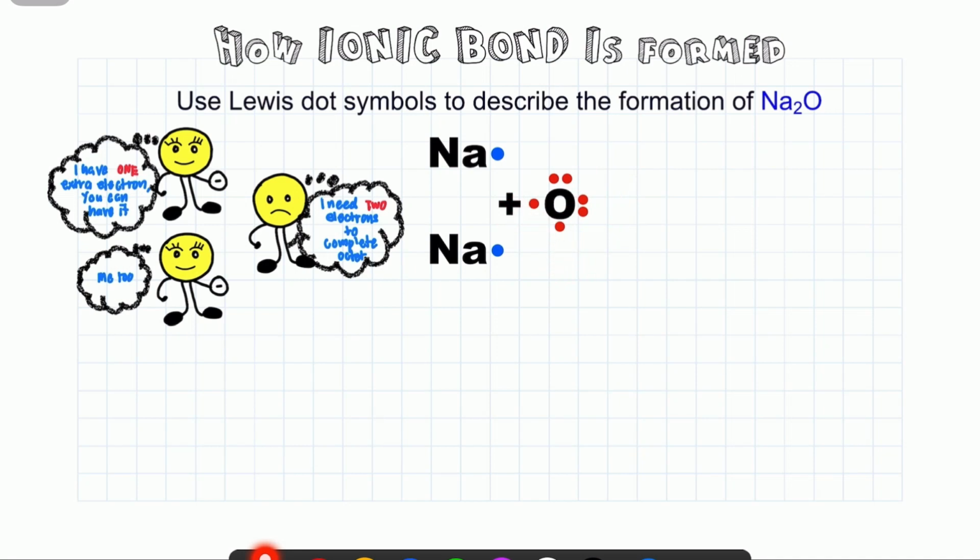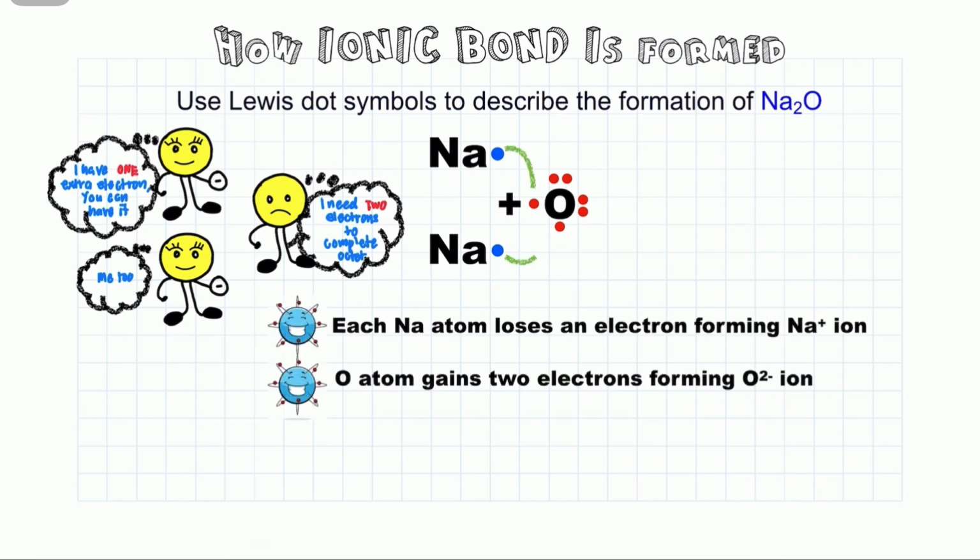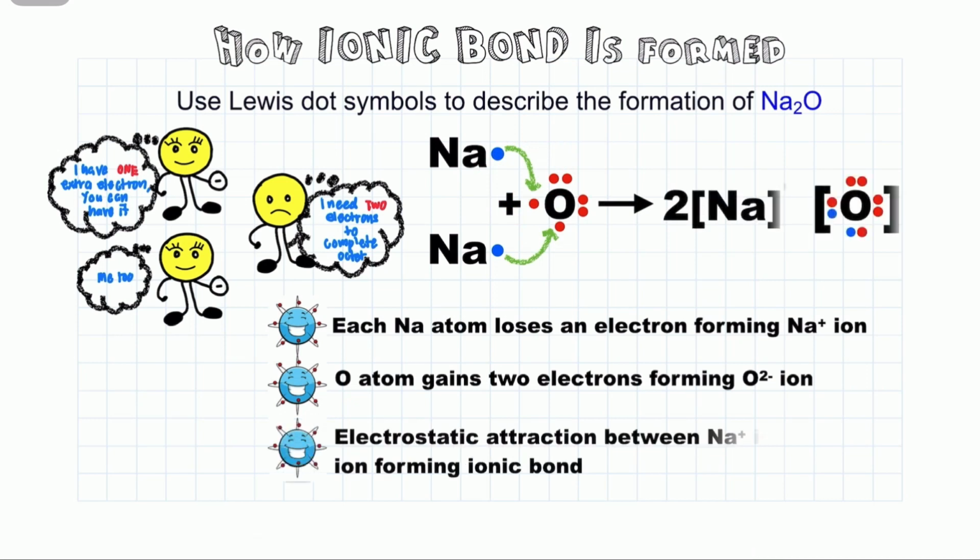Then each sodium atom will lose an electron, forming an Na plus ion. At the same time, the oxygen atom will gain 2 electrons, forming an O2 minus ion. So you have to show by using an arrow when you transfer the electron, and the product is ion.